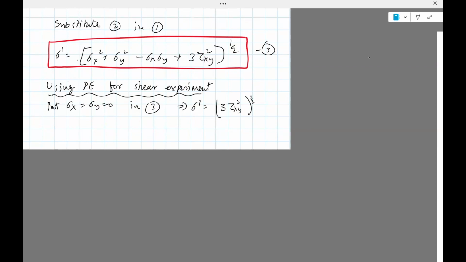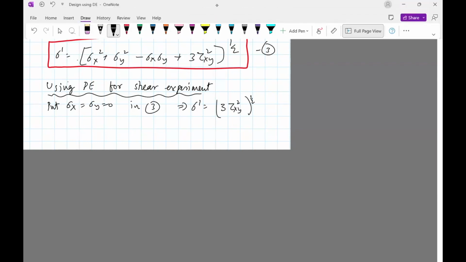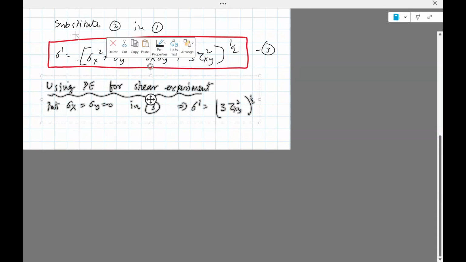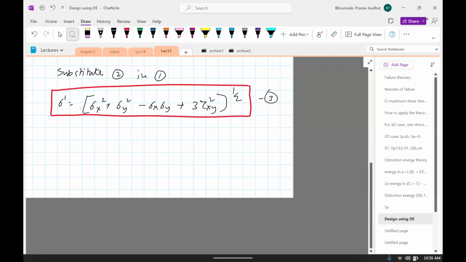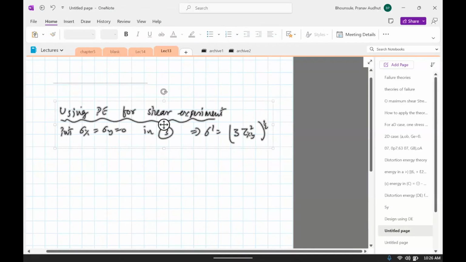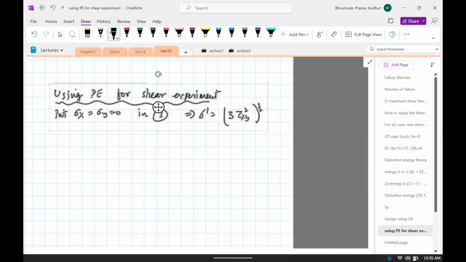I think it's 1.732. Okay, so this gives me the sigma prime as 1.732 tau xy.